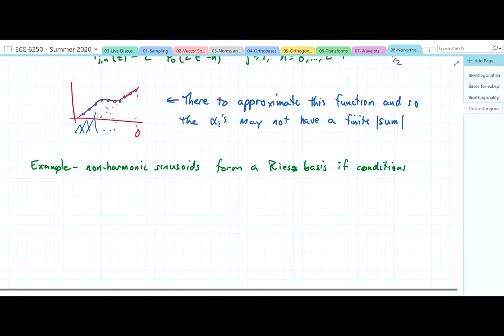And if this is the case, then you can define a Riesz basis, and the A and the B vector values are a function of this maximum deviation from a purely harmonic sequence. So let's put some notes for that one.